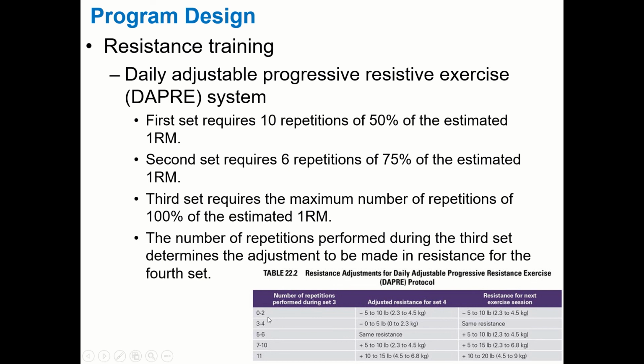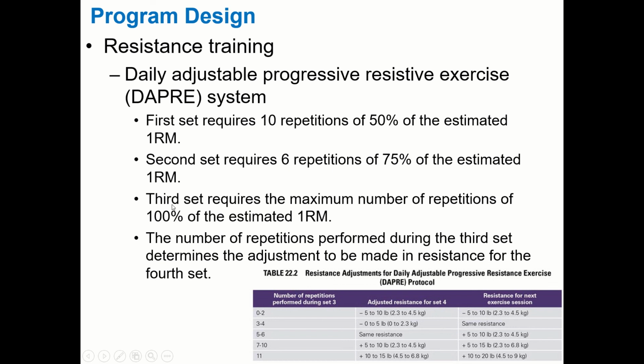And so if they only get 0 to 2, which is weird to me because that means you accurately estimated their 1 RM, you have to take some weight off for the fourth set. If they get 5 to 6, you leave the same weight, and then they get as many reps as they can on the fourth set. And then if they get 7 to 10, you have to add some weight for the fourth set, and they do as many reps as they can.